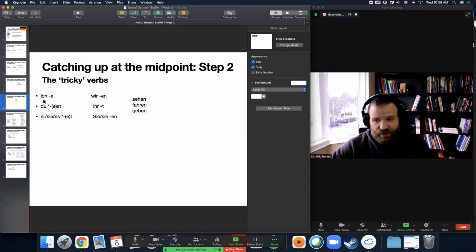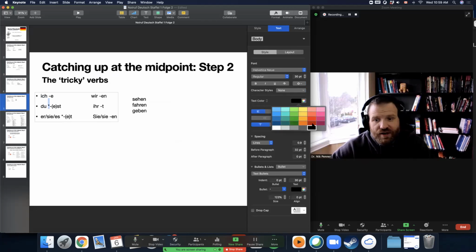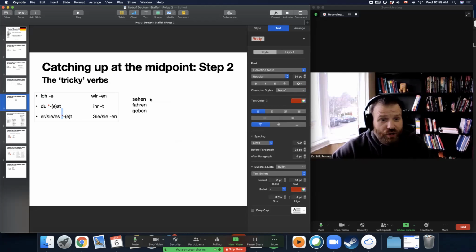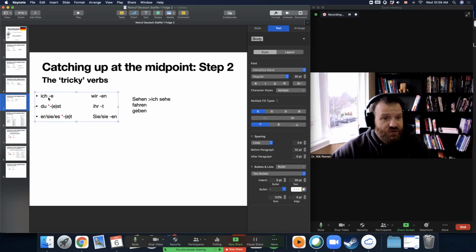All right, tricky verbs. Tricky verbs are the ones that also follow the ich, du, er pattern, but you see how I put a little star here and here, and that means that the actual verb word changes a little bit. So we have three patterns. The ich sehe, it's a normal verb. Ich sehe, see, there's no star.